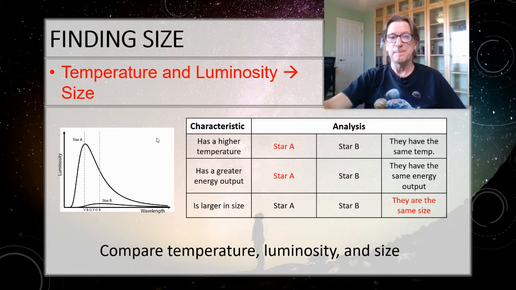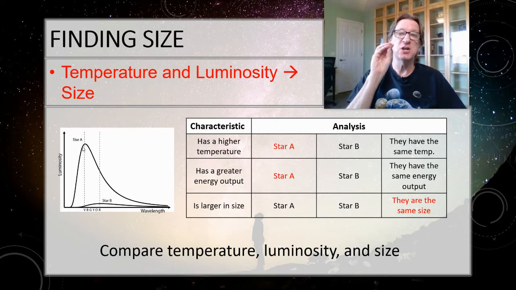Think about that. Okay, so this is brighter, it's hotter, but I want you to think of it the other way around. It's brighter because it's bigger. I'm sorry, because it's hotter. I said that backwards. It's going to be hotter, so therefore it's got to be the same size as star B right here.